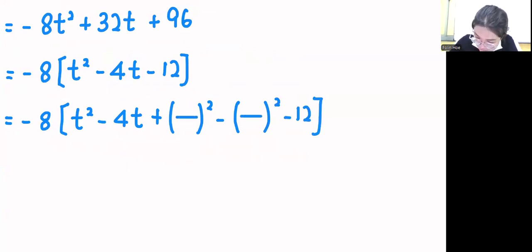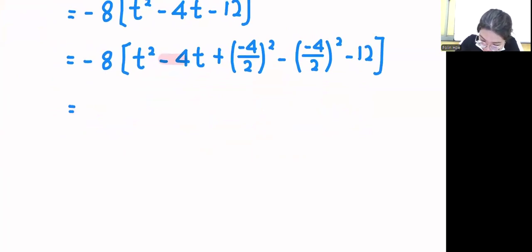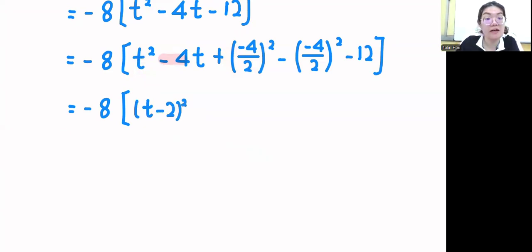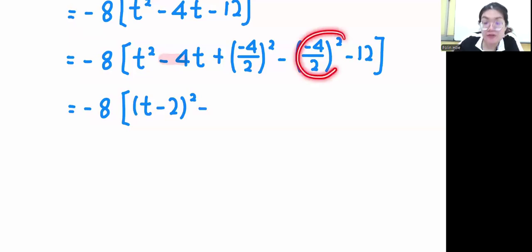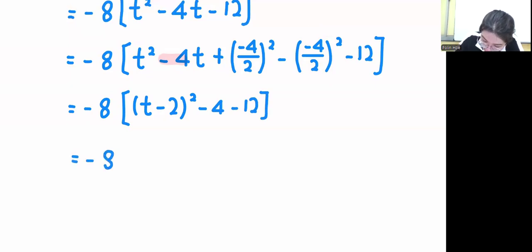Then divide by 2, divide by 2. What do we write here? Negative 4, negative 4. On this side I have negative 8, t minus 2, combine. t minus 2 squared. Sorry, it's okay. This negative you have to copy: minus, okay, this negative 2 squared you get 4, minus 12, so negative 8, t minus 2 squared, minus 16.